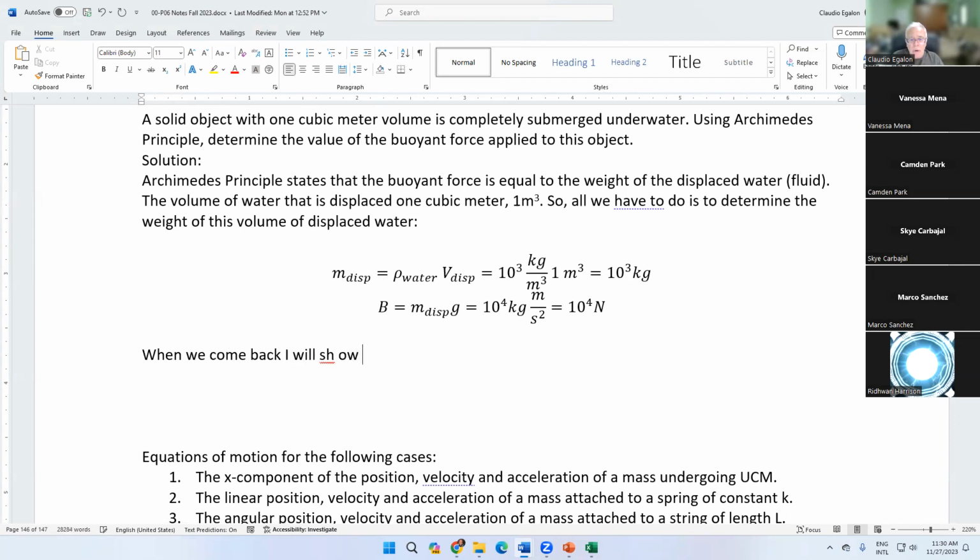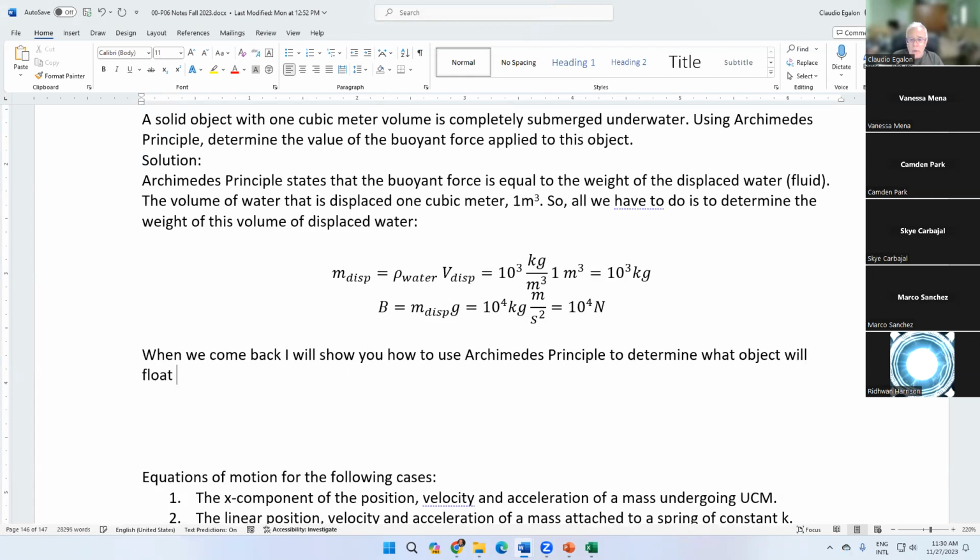I will show you how to use Archimedes' principle to determine which object will float and which object will sink under a fluid.